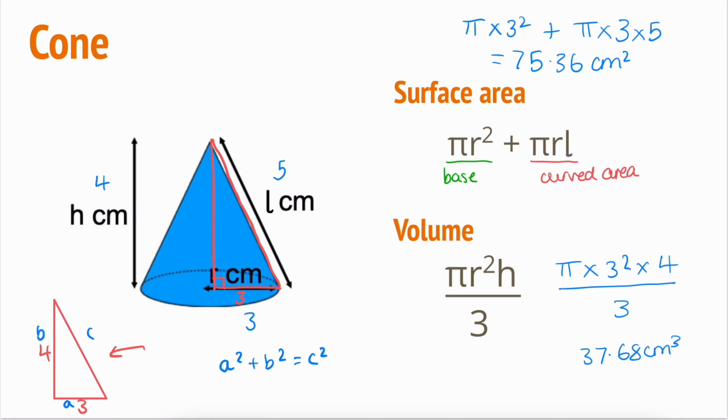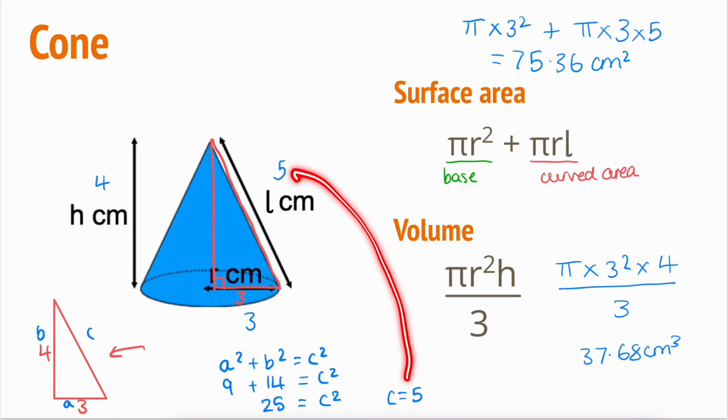We know that from Pythagoras. So 9 plus 16 is equal to C squared. So that would give me 25. And if I square root it, I know that C is 5, which is what I had here.